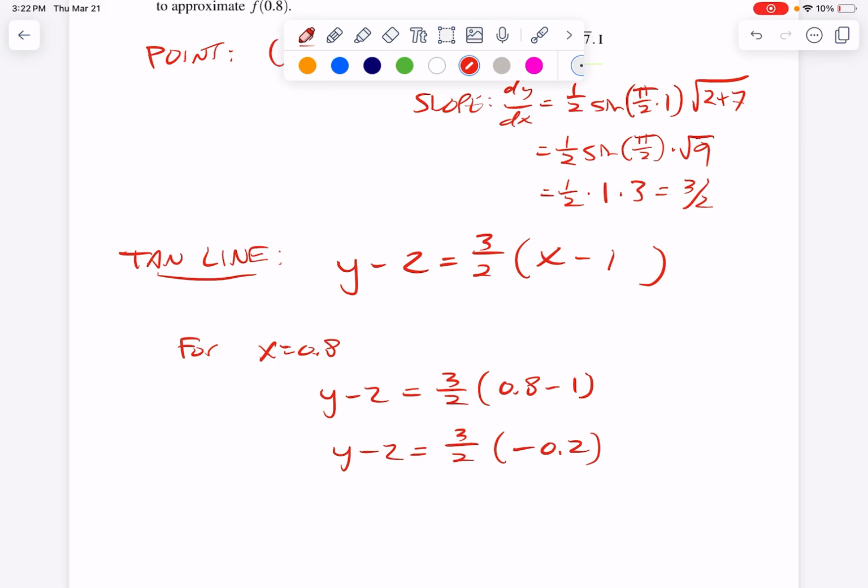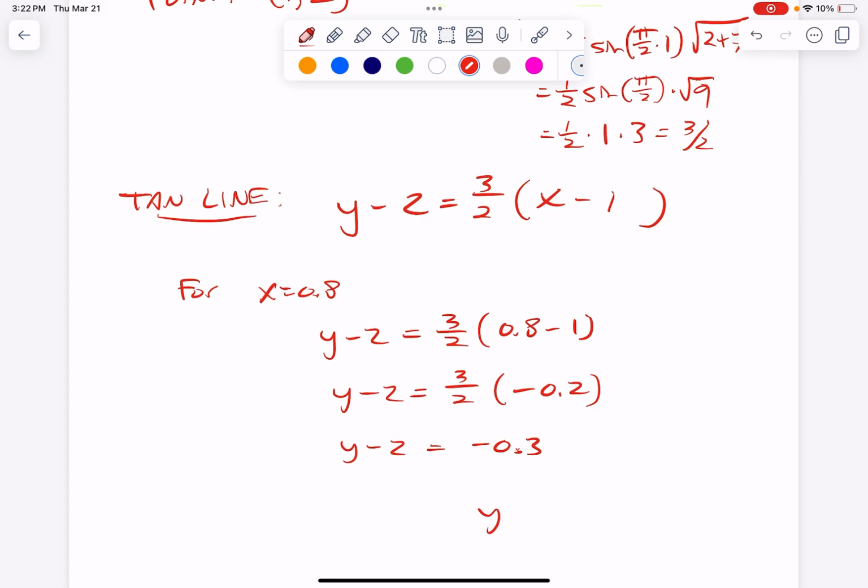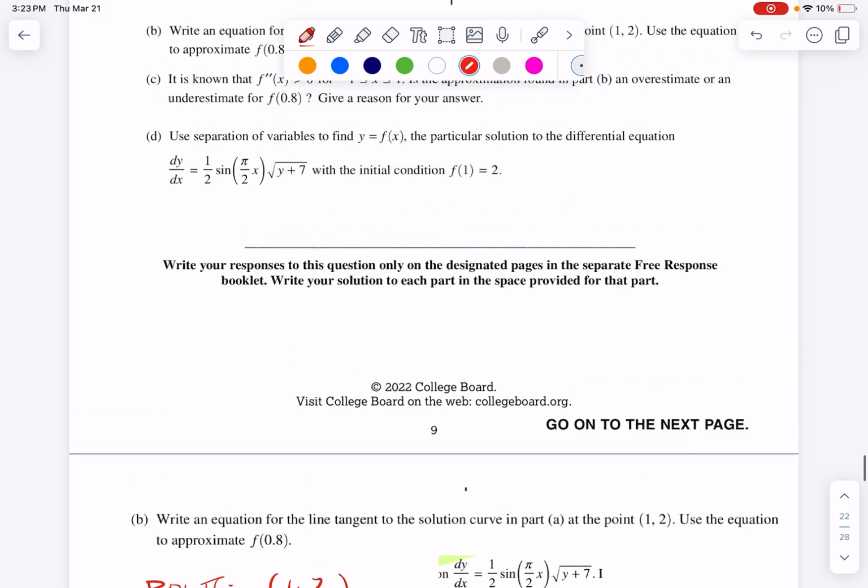You're not required to simplify as long as you get to your final answer, but here it's actually not going to be so bad. This is negative 0.3. And so y, which is f of 0.8, is approximately, squiggle is better, but it's okay if you just have an equal sign, 1.7 after we move the 2 over. I will just pause to look at the official solutions so that I'm not doing anything crazy. Yeah. All right, part C.